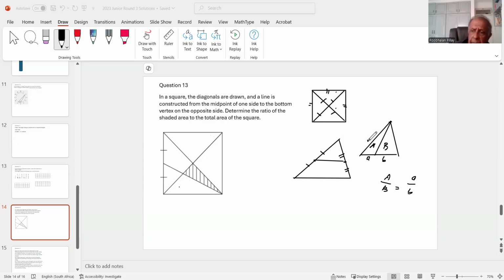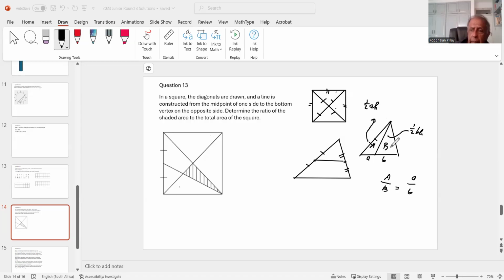Now this is quite obvious here because this is half base times height. The area of this triangle here is half base times height. But this triangle has the same height because they're both from the same vertex. So this area is also half base times height, half BH.